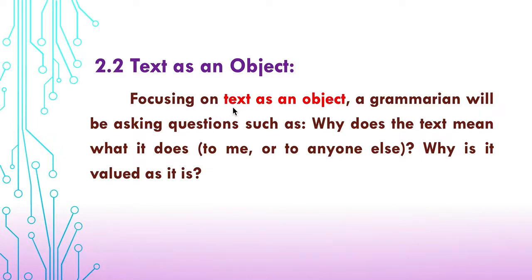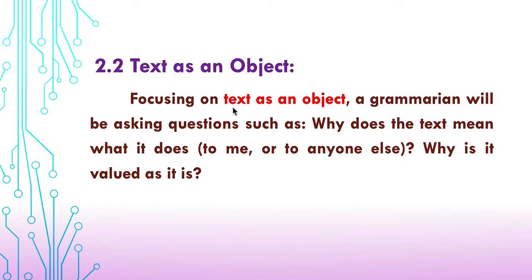Every text, every oral or written piece has some meaning behind it. But what does this text mean what it does? Why does the text mean what it does? Means that it means something, but why does it mean what it wants to mean? This we will look at. To me or to anyone else, there is a text, there is a piece of writing, there is a composition. To me, it means differently. To others, it means differently.